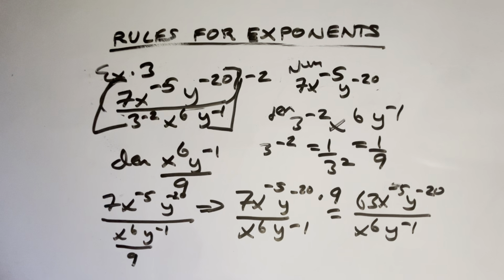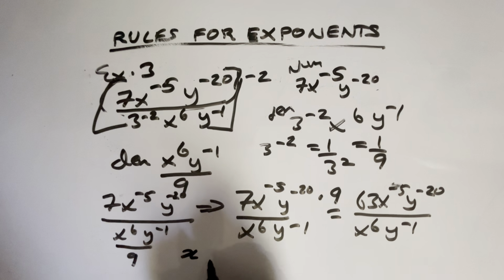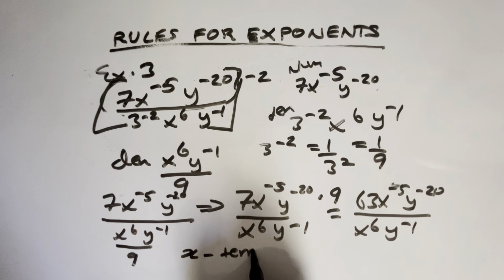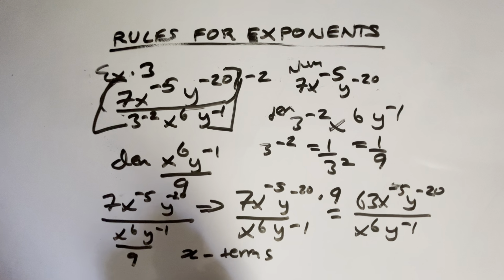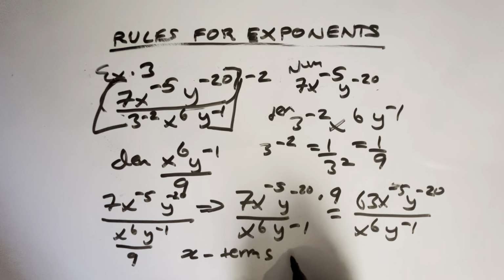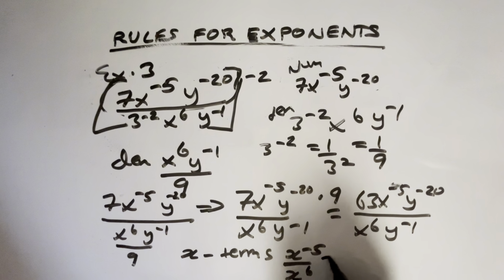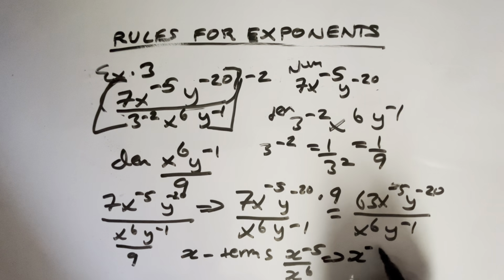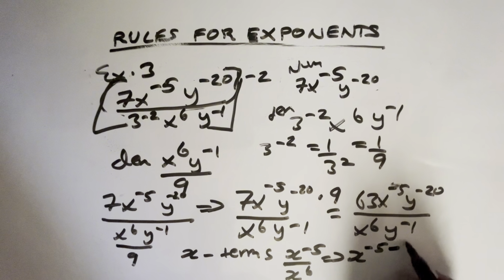Simplifying the powers of x and y, for the x terms, we have x to the minus 5 over x to the 6th, which simplifies to x to the minus 5 minus 6.